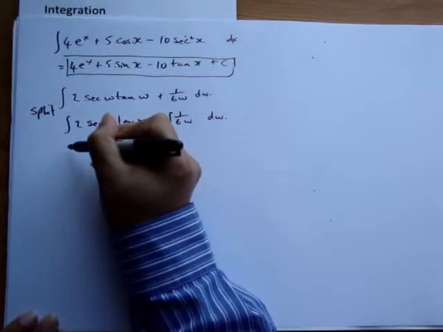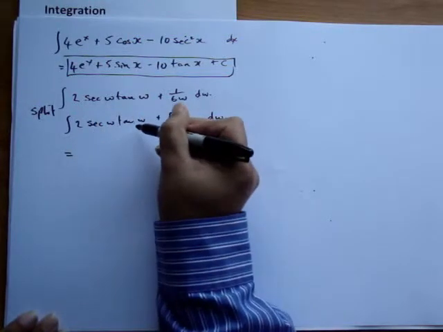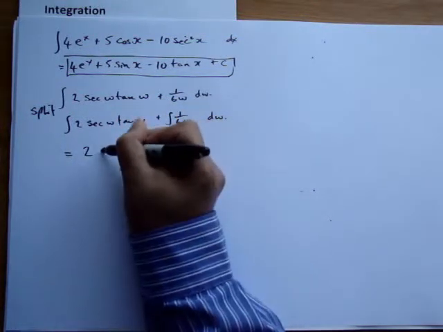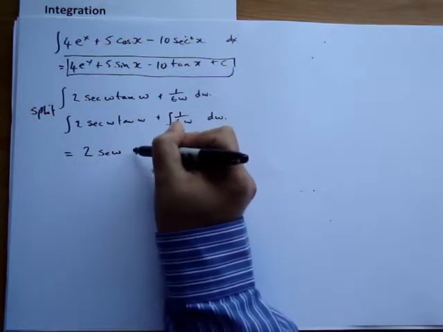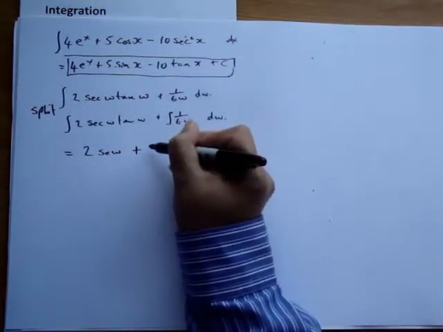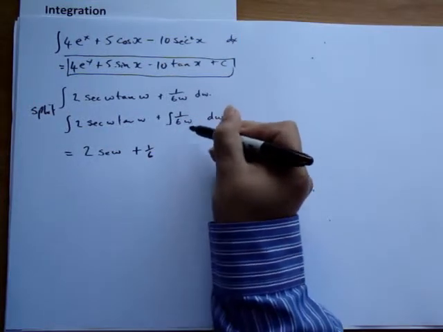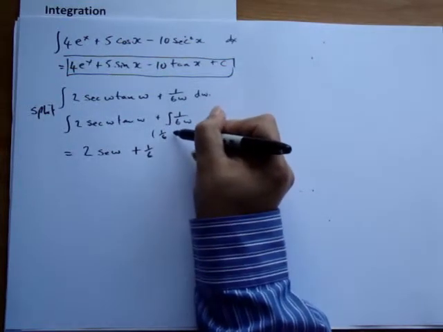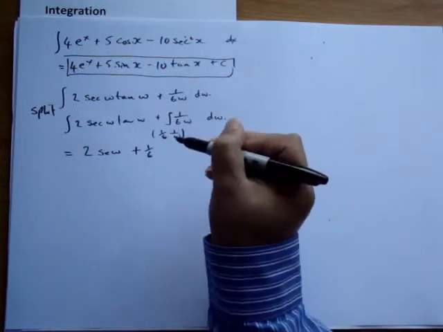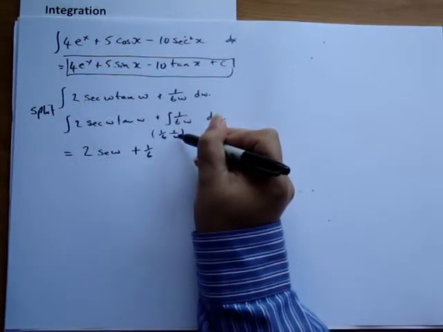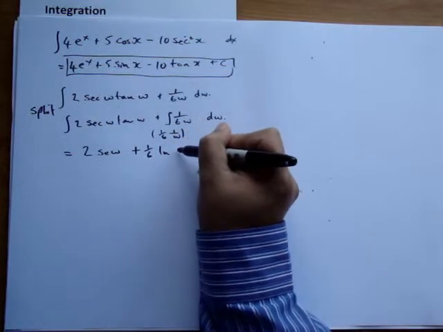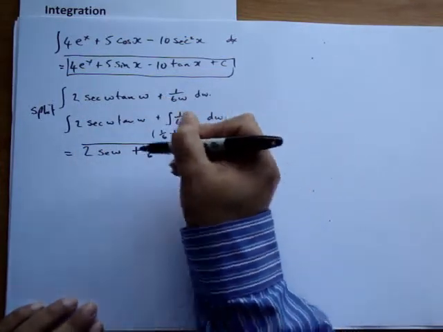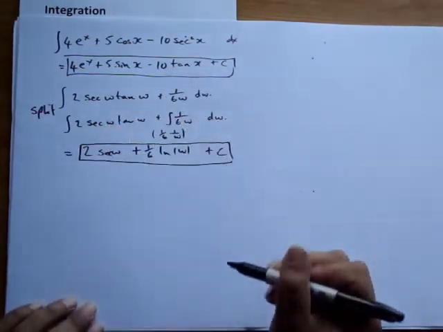The integral of sec w tan w is sec w, so 2 sec w, plus 1/6 is the constant, and we're left with 1 over w, and when we integrate 1 over w, we get the natural log of w plus c. And that is our answer.